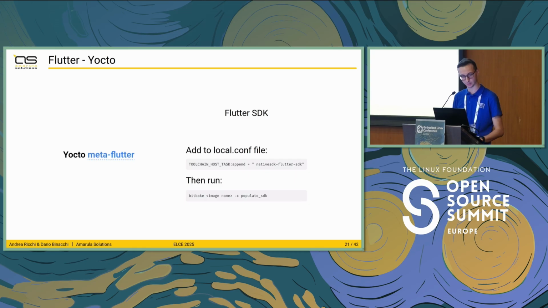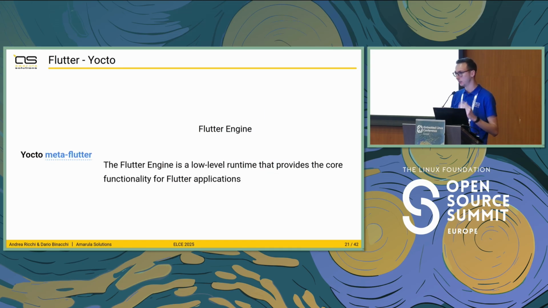So yeah, great stuff. With meta-flutter you also, of course, get the Flutter SDK, which can be easily added to your Yocto toolchain, and it handles all the cross-compilation. Then there is the Flutter engine.